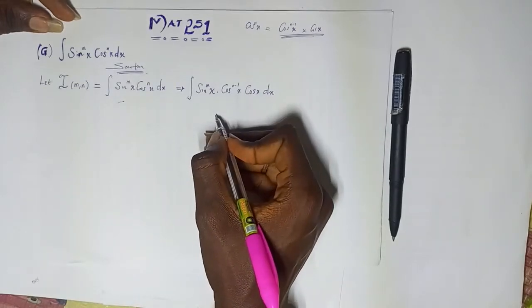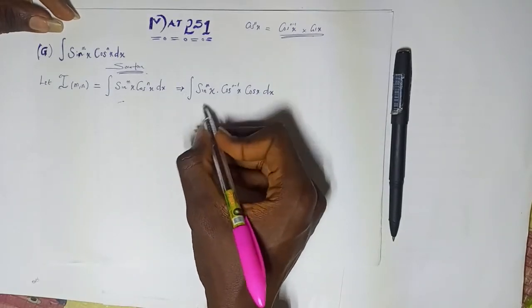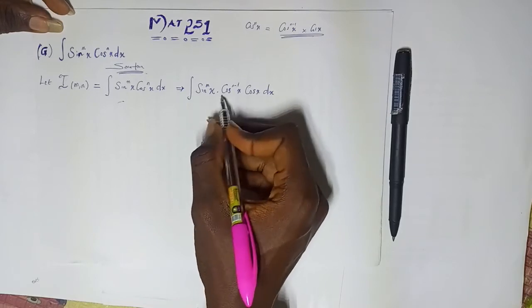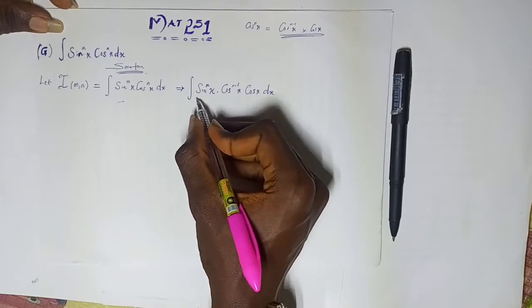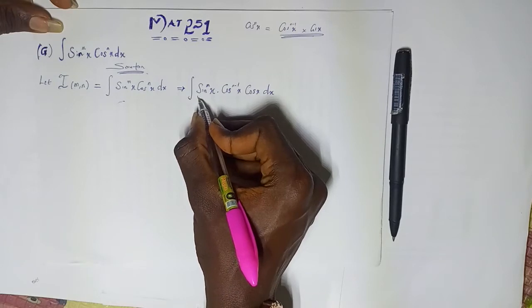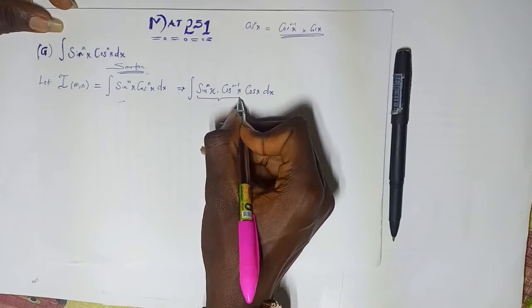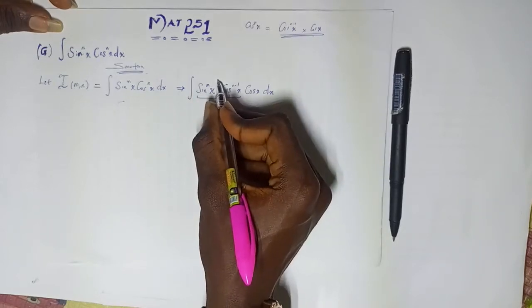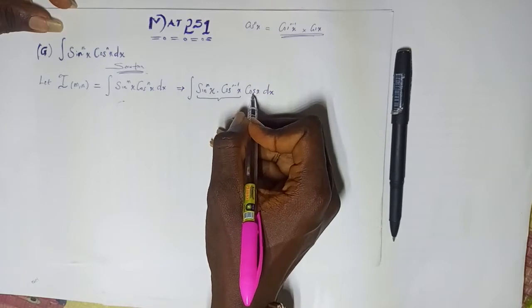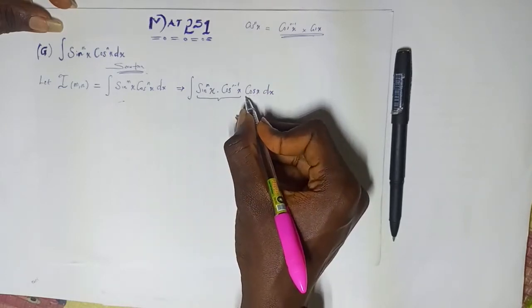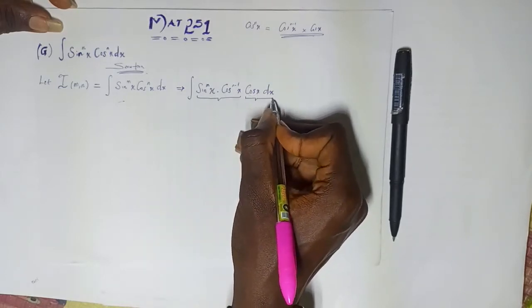So therefore I can go ahead and apply integration by parts, but you have to take note of this. In this case, all of this will represent my u in the integral of u dv, and this will represent dv.